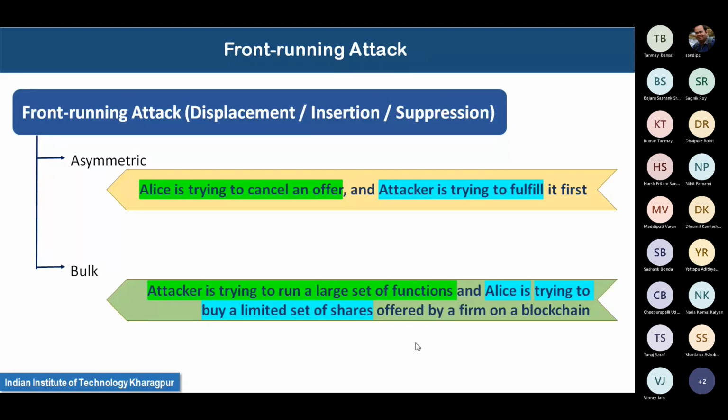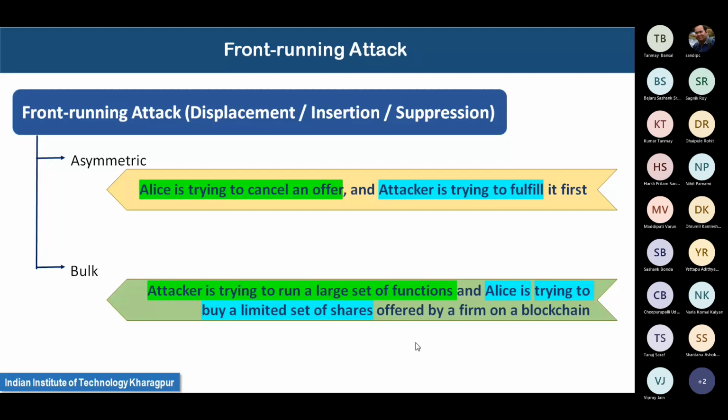Because it is available at 105, Bob, the attacker, will carry out fulfilling that order by trading at 105 with Alice. So the point here is that Alice had already put in her transaction of cancelling it, but seeing that Alice is cancelling, Bob will create his transaction of fulfilling that order and front run it before Alice's cancellation transaction. And all of this is going to happen if the attacker can make sure that he can get his transaction executed before the one he is trying to front run.